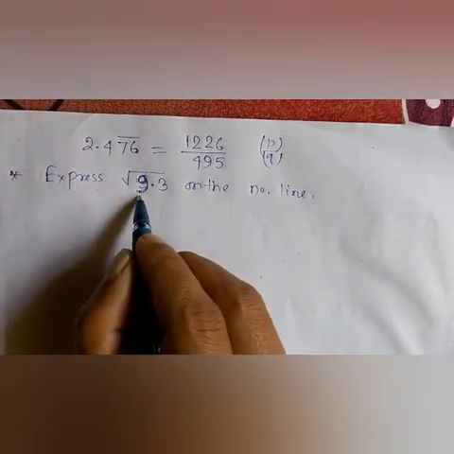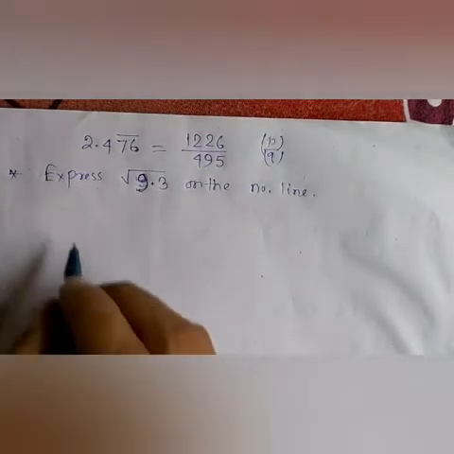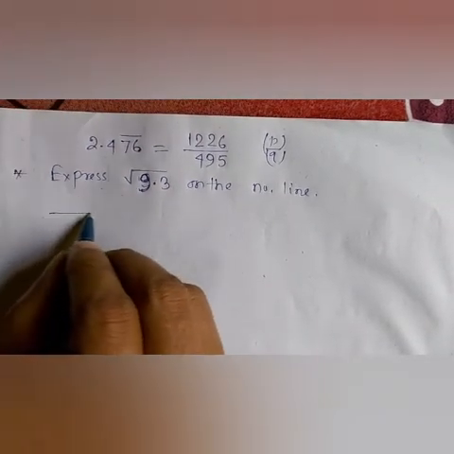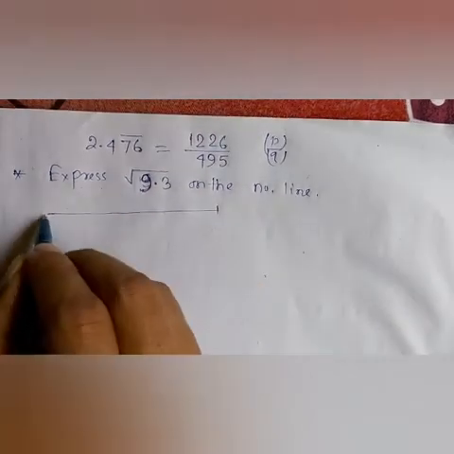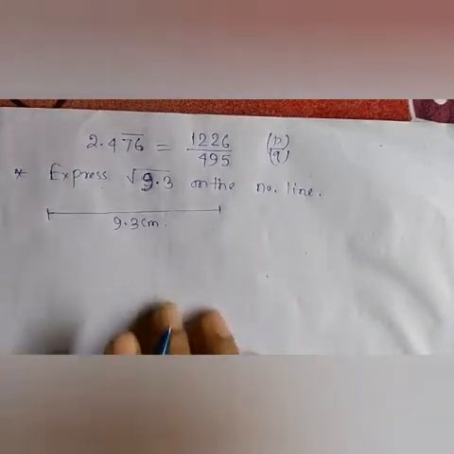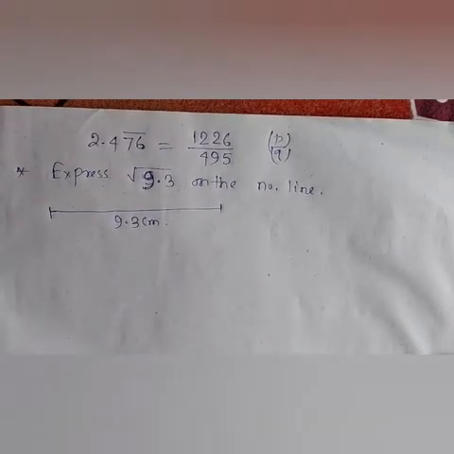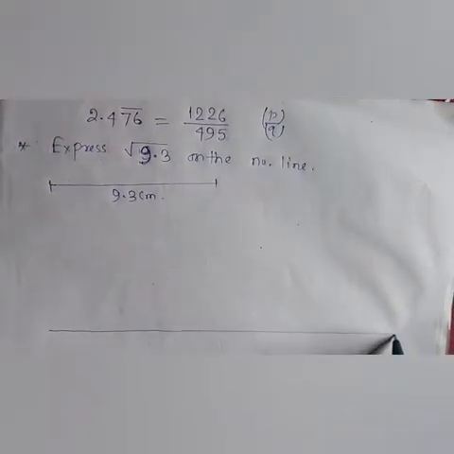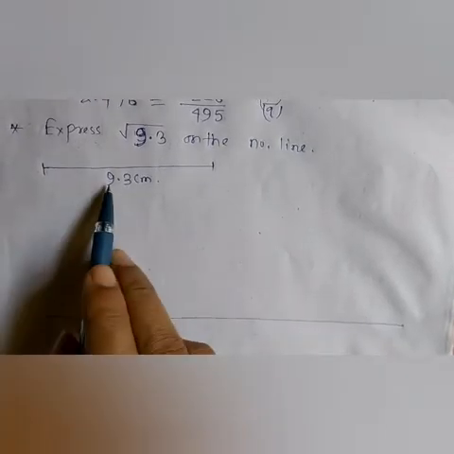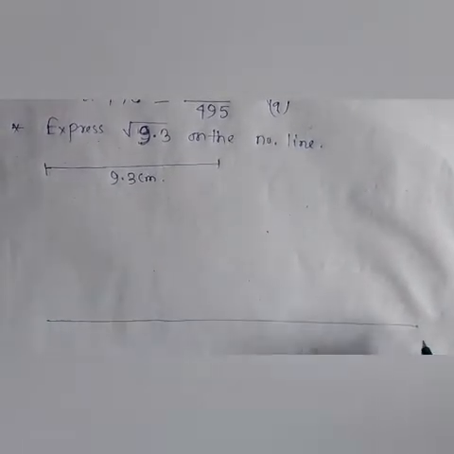So 9.3 is a real number, and we take the root over any real number. First we have to draw 9.3 centimeter. Suppose this is 9.3 centimeter using the scale. Then you have to draw one line which is more than 9.3, that means 9.3 plus 1, 10.3, so more than 10.3 centimeter.